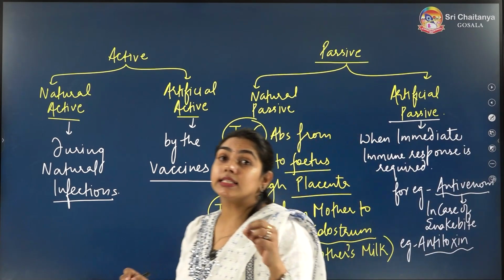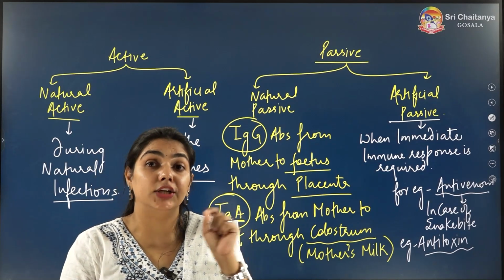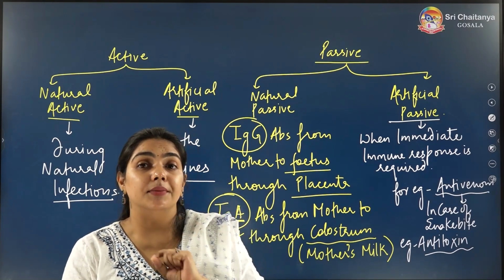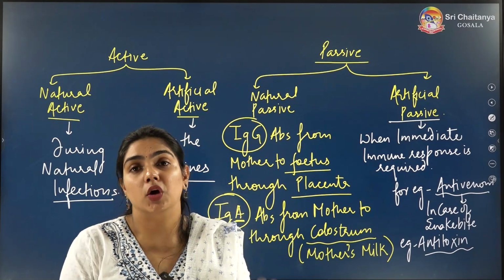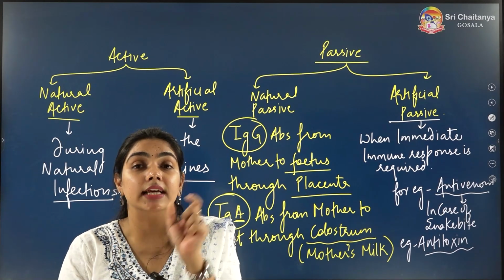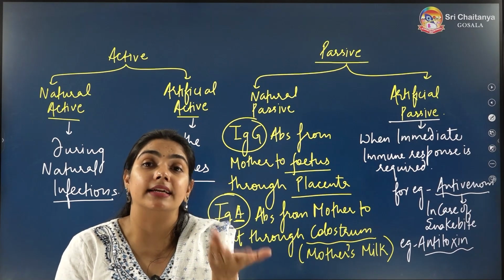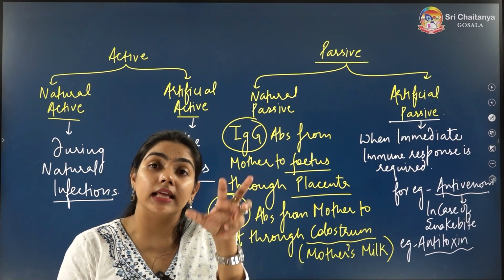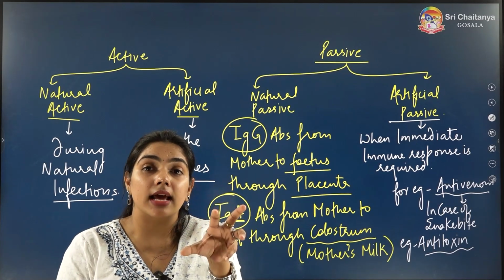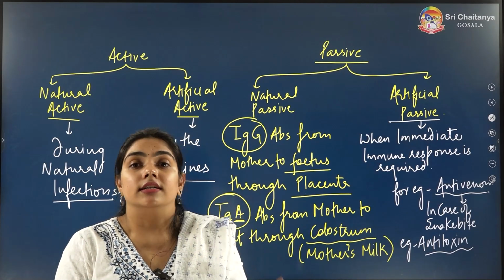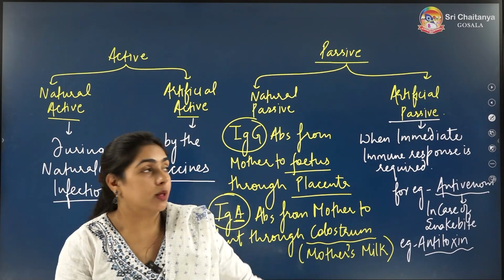If you see these terms, antitoxin, anti-venom, anti-serum or anti-tetanus serum, there is a serum which is made against tetanus so that it will neutralize the toxin of the tetanus-causing bacteria.